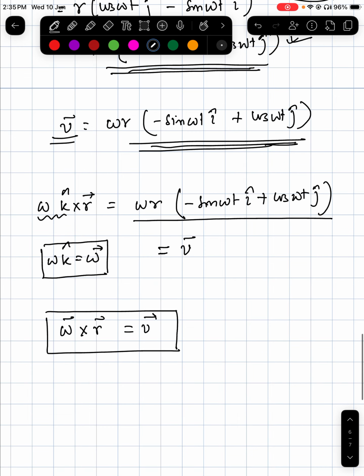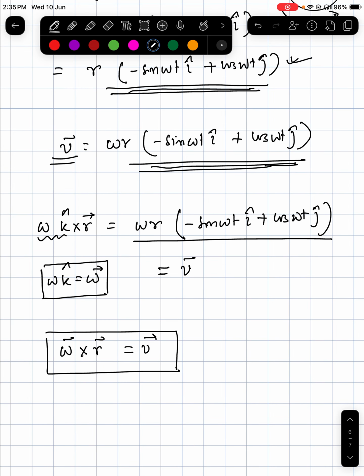So what does it mean? It means if I define an angular velocity vector as omega into k cap, then we can relate the instantaneous velocity to the angular velocity by this relation.